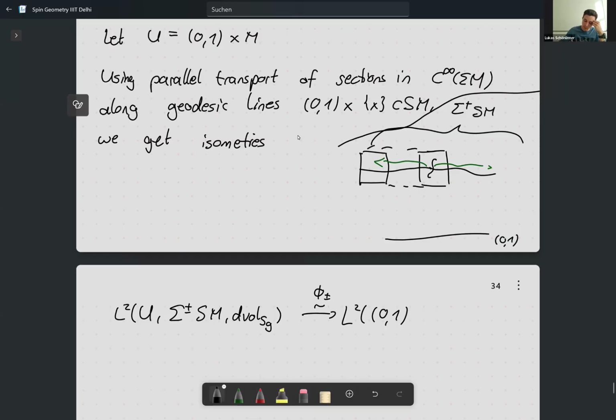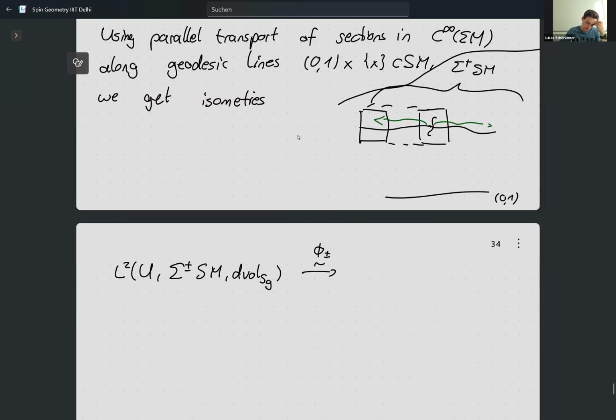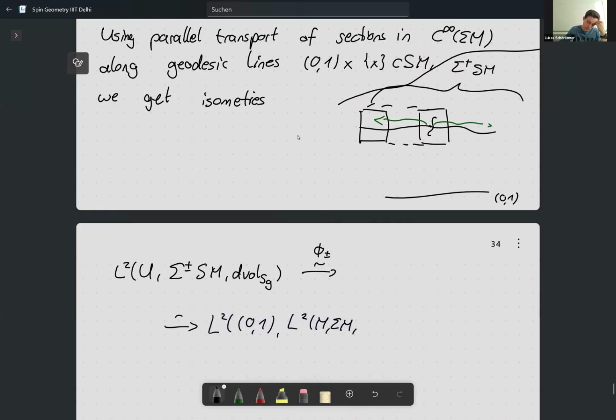So there are two sections from the interval to L squared of M, sigma M, with, okay, I need more space. With volume element, the warping function appears here in the volume element, and we have the volume element of g here.